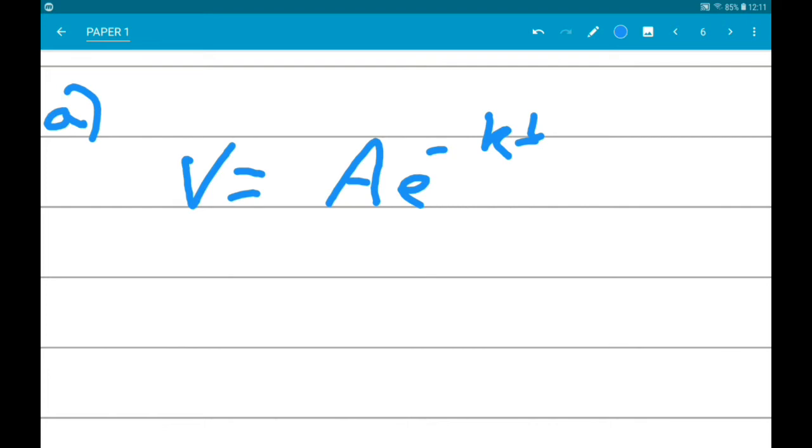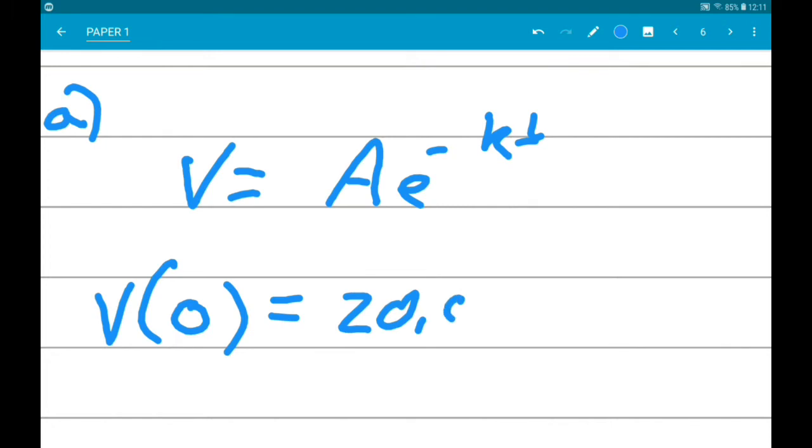Now, we know when t is 0, the value is 20,000. So, v of 0 tells us that a is 20,000.